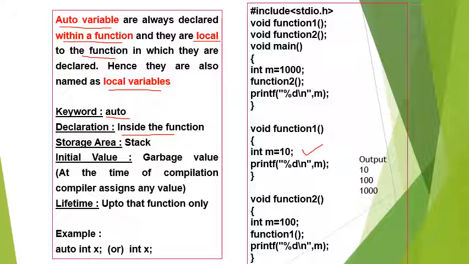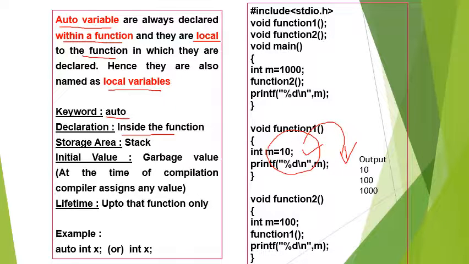Inside this function, m's value will be 10 only. After leaving this function, its value, 10, will be lost. So the value of m is 10 inside this function.